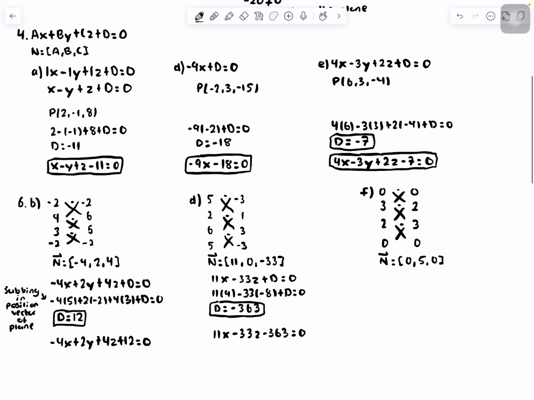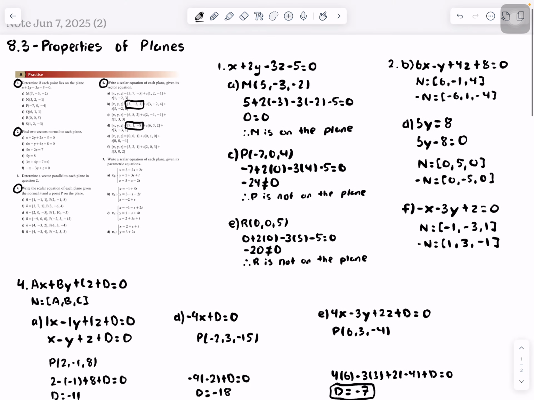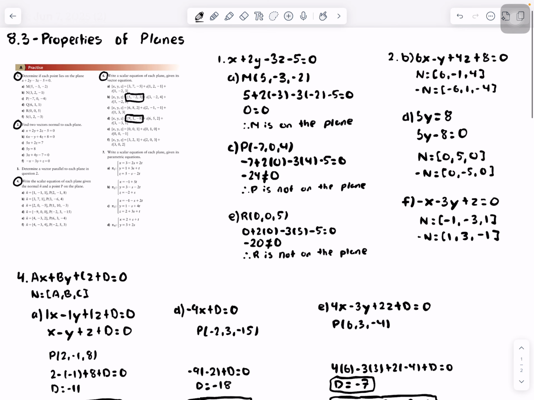Okay, so then the scalar equation we get this time would just be 5y plus d, including the d parameter, equals 0. Now we sub in our known point, so I want to indicate we're doing that for all these problems here in this line. Okay, so here the known point on the plane, or the position vector on the plane, is 3, 2, 1.